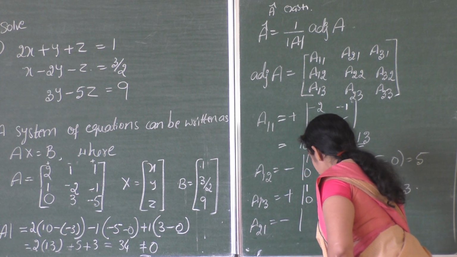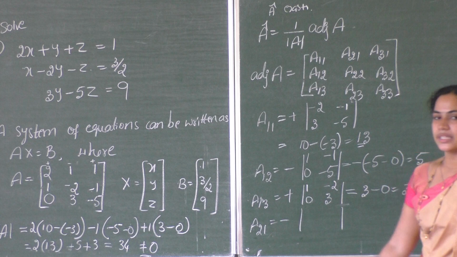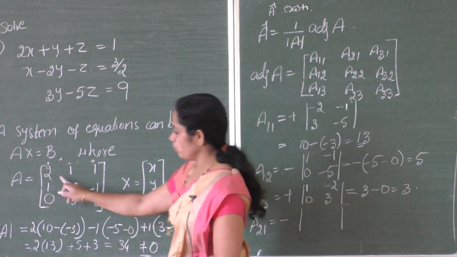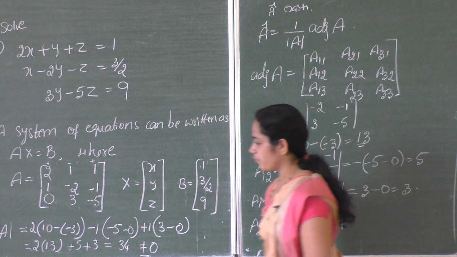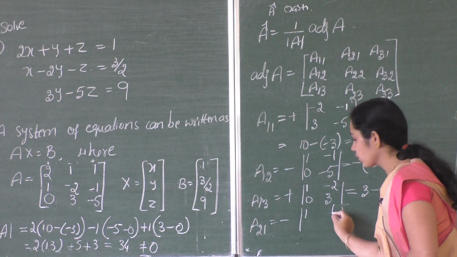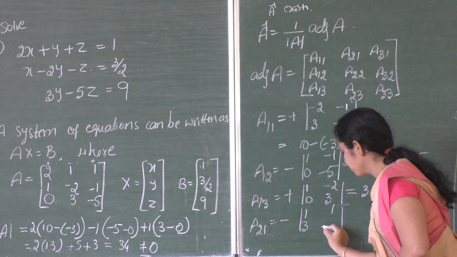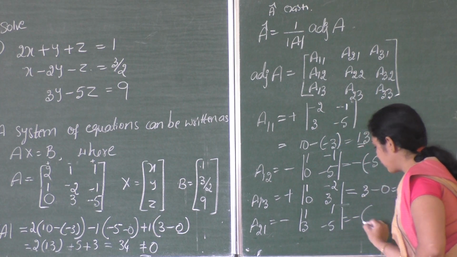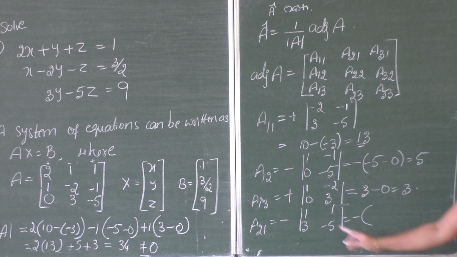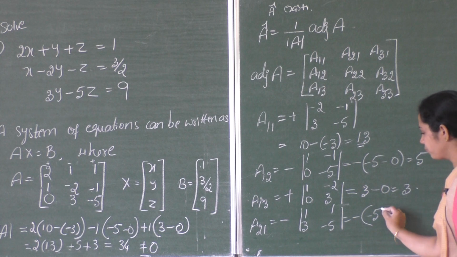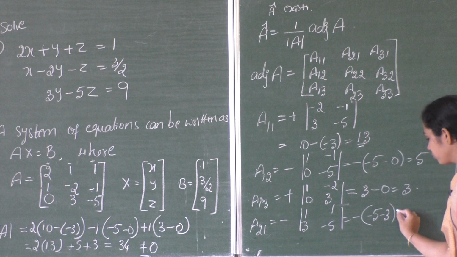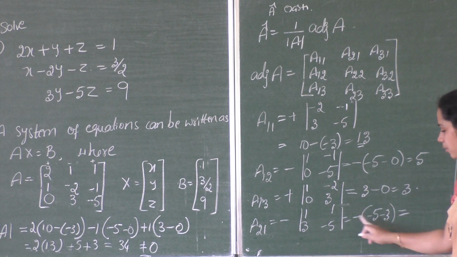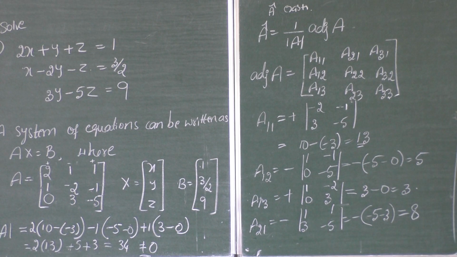A21 is negative. Minus of, second row, first column, delete this, 1, 1, 3, minus 5. Now this is equal to minus of minus 5 minus 3, minus 8, minus into minus becomes plus 8.